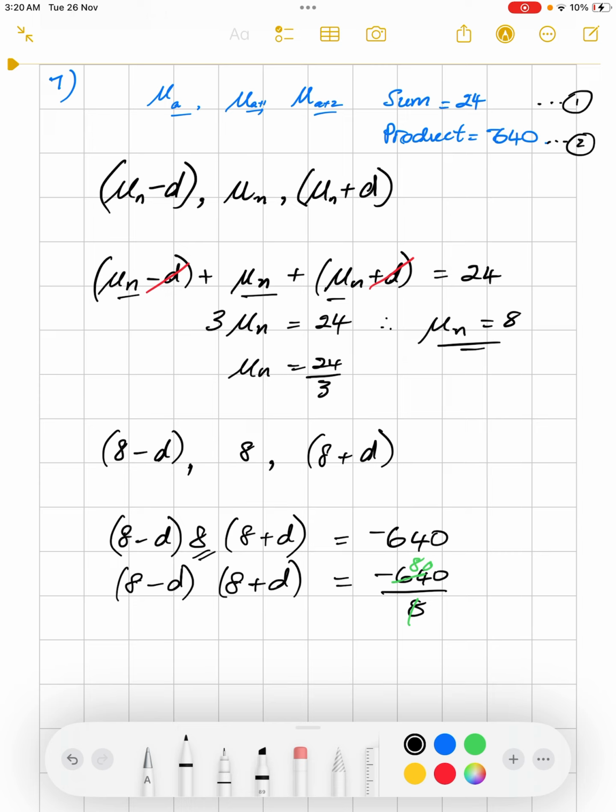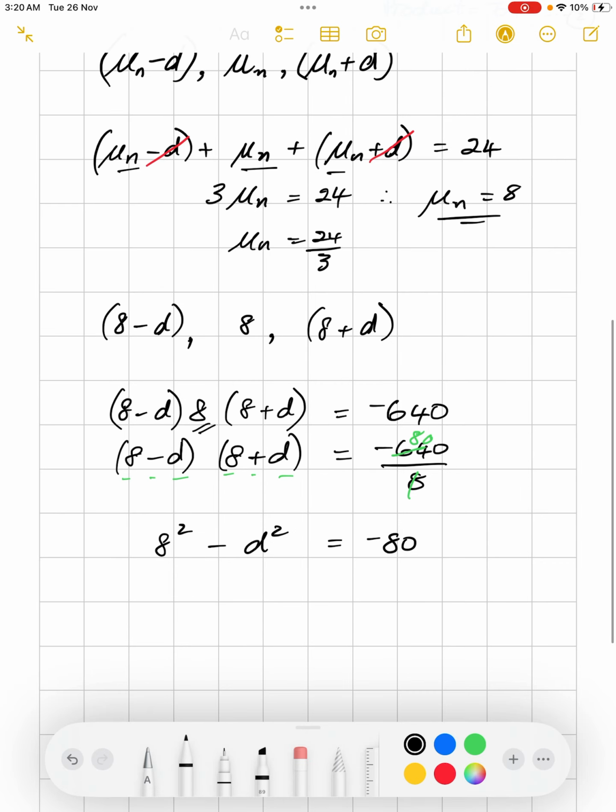Interestingly, we've got this difference of two squares on the left-hand side. A minus b times a plus b, and we know that is 8 squared minus d squared. And over here we've got negative 80. Well, this is good.